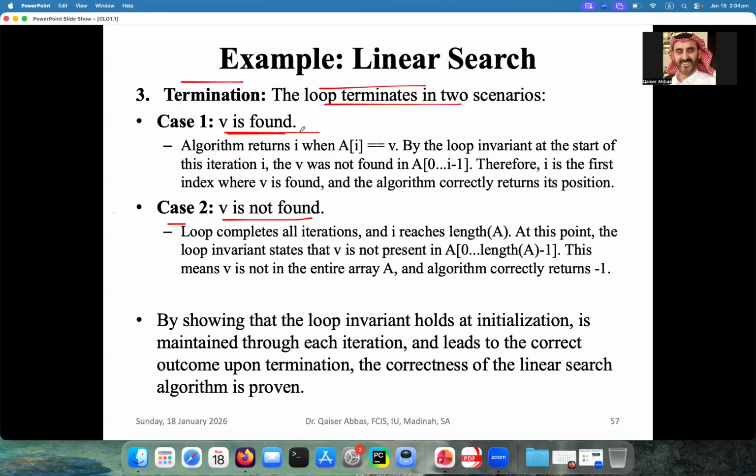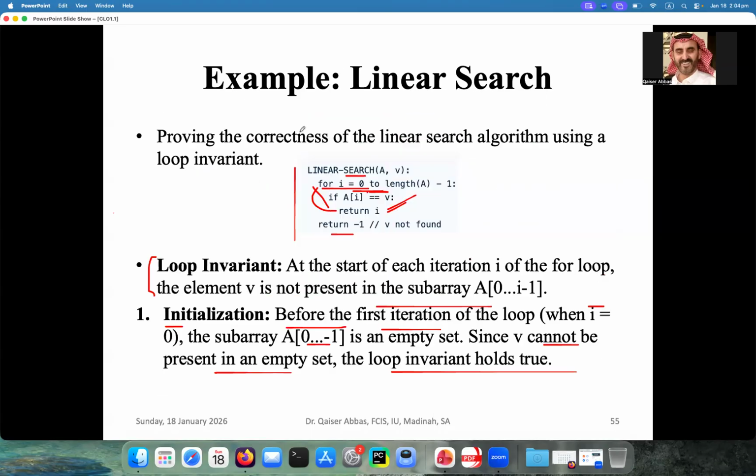Case 1 is you found the element in between, and the loop will be terminated. Look here, if A[i] equals V, whenever it happens, you are returning. Returning means you are going out of it. The loop is terminating. So this is one case when you find the element in it.